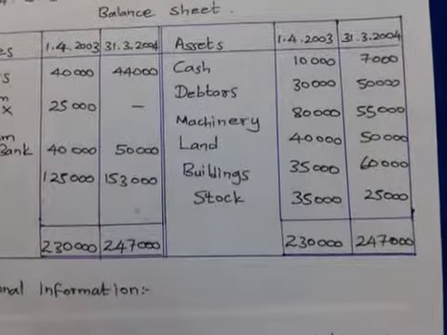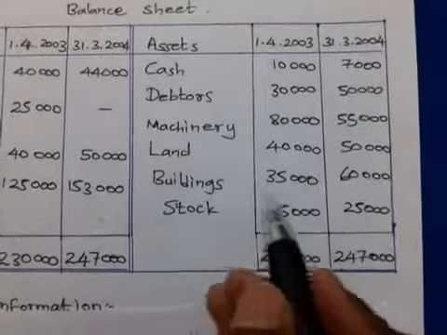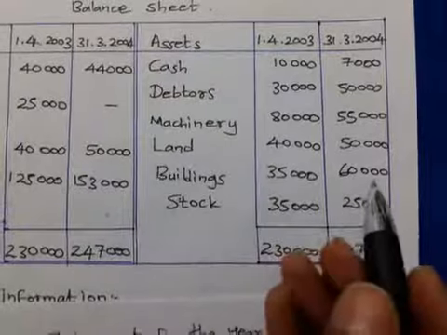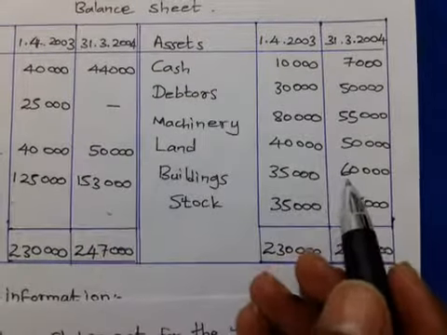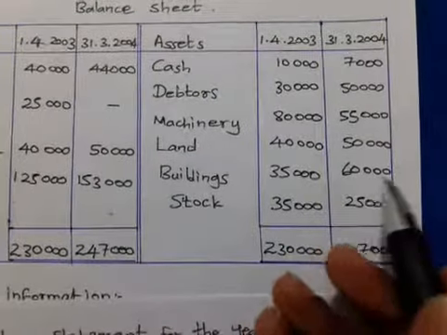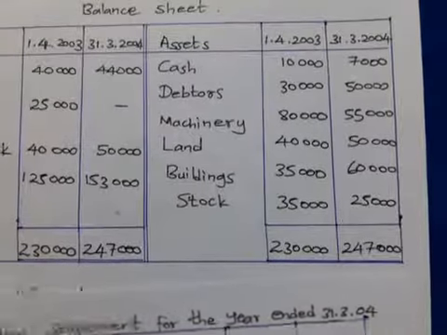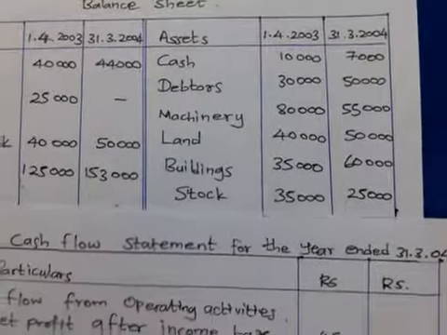Next thing, buildings. Buildings also increased. Opening balance 35,000, the closing balance 60,000. So there is a 25,000 increase. We have to deduct that amount also because buildings were purchased.